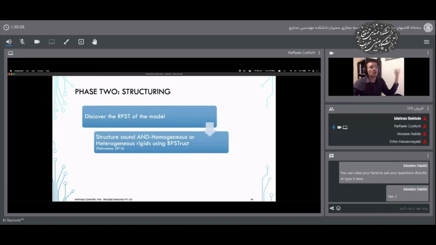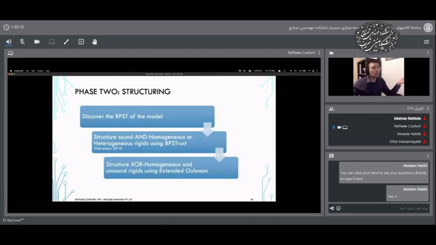Unfortunately, not all of them. So what we did for the remaining situation, which is, okay, I have a structure where I have only XOR gateways, or I am dealing with a process model that is unsound.